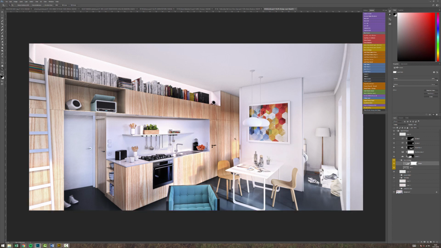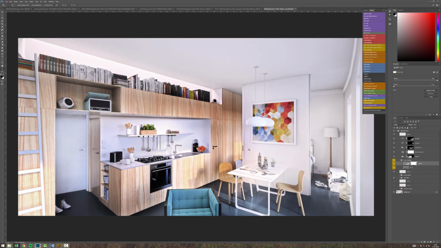I'll stop right there. Hopefully you've learned some interesting tips here and there, and you get the idea of how you have to think about your composition and how light can really affect your image overall, and have a really thorough checklist before actually starting to do anything, because in the same way that you have to think before you take a photograph, you have to think before you hit the render button, so that you get the most out of your space, especially in our case where the modeling is quite convincing.